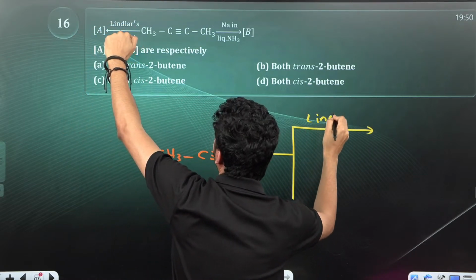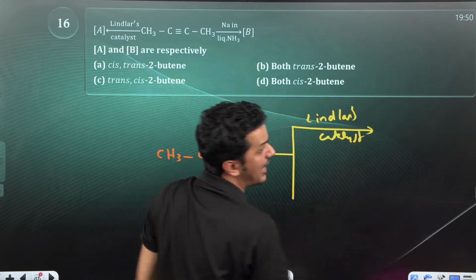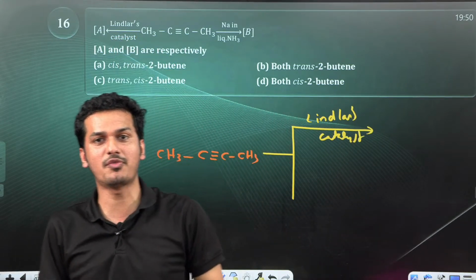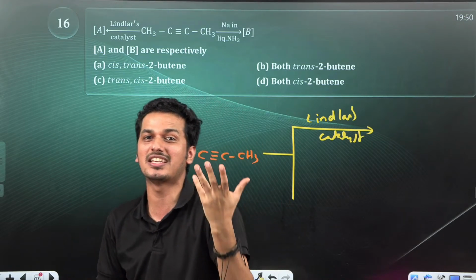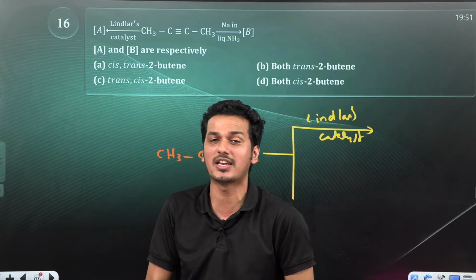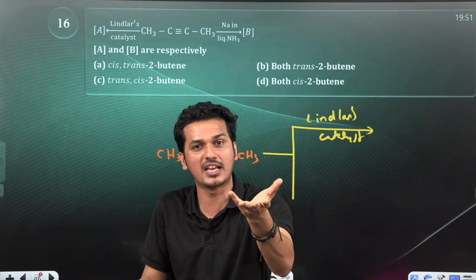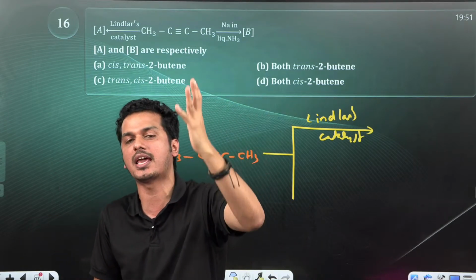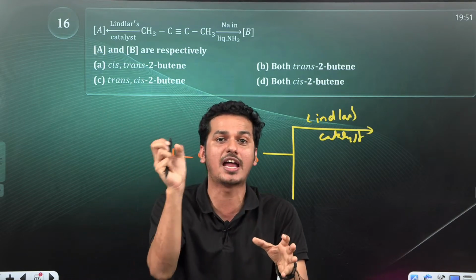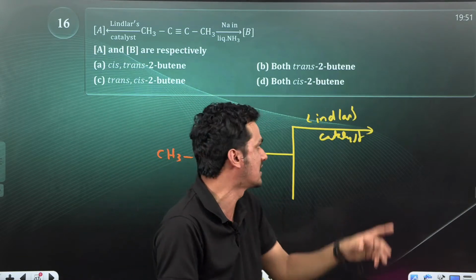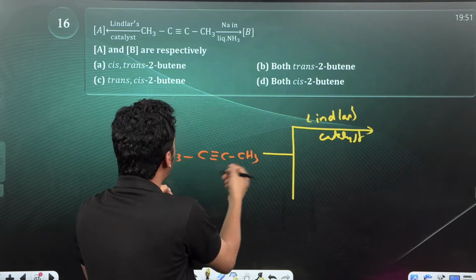Lindlar catalyst means partially deactivated palladized charcoal. How are we deactivating the palladium? By using barium sulfate, calcium carbonate, as well as quinoline, to control the release of hydrogen. That is the Lindlar catalyst. So you will get an alkene, hydrogen addition will take place.